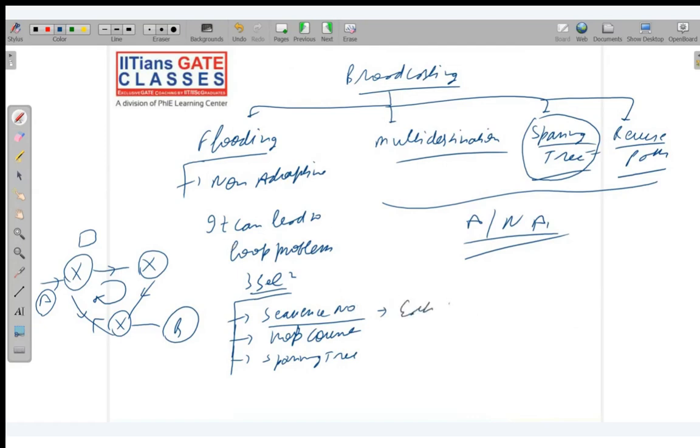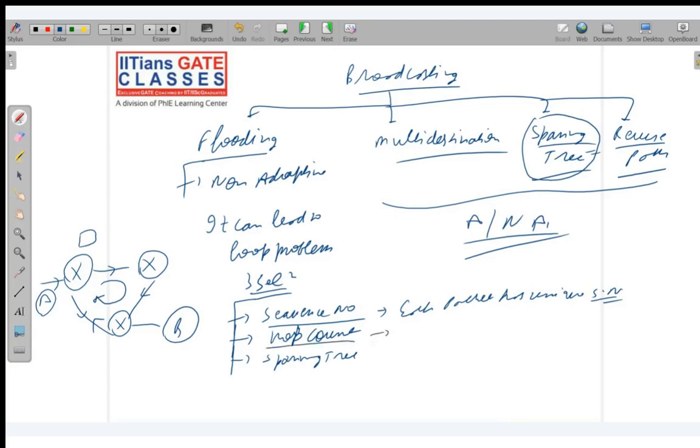Each packet has a unique sequence number. When the same sequence number packet again arrives at the router, it will simply drop it. So obviously the loop will be avoided.